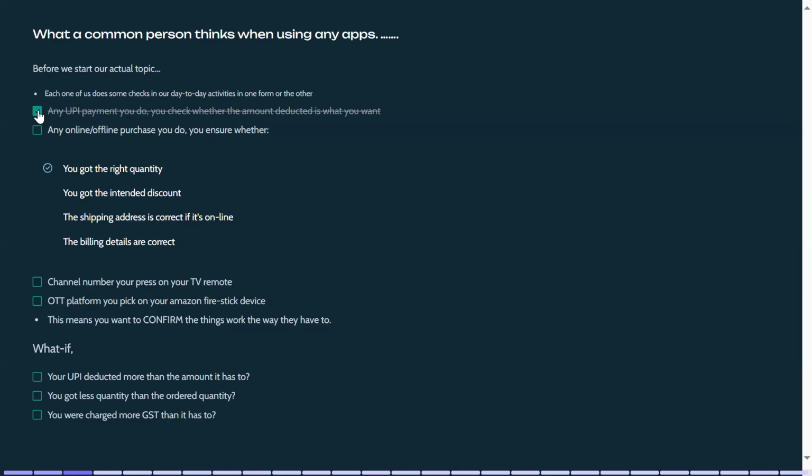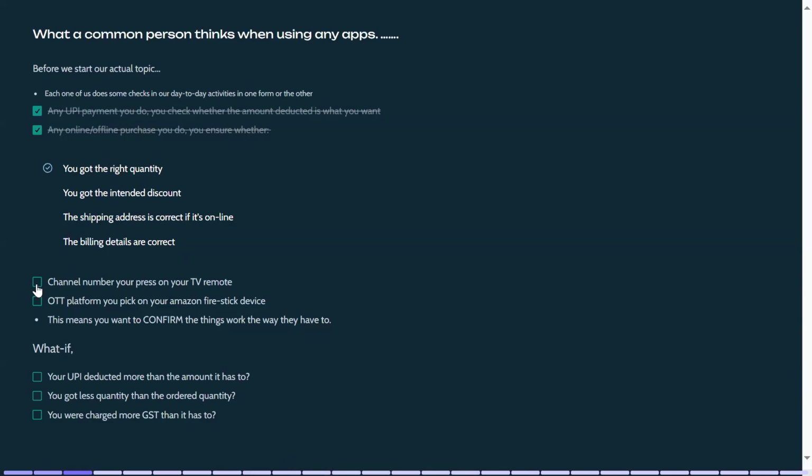Correct or not? Similarly, if you make purchases online, might be Flipkart or Amazon, you are validating whether you receive the right quantity of items, whether you are getting the intended discount, whether the shipping address is accurate, and whether the billing details are accurate. That means you are verifying each and everything in your day-to-day activities.